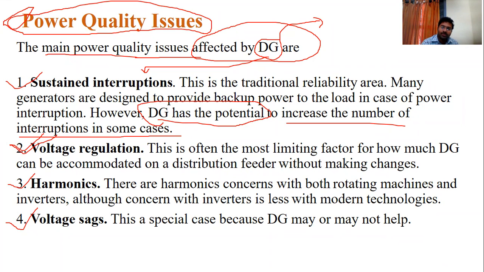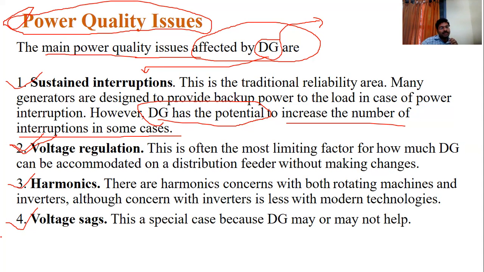Solar plants are DC, so we are converting DC to AC, and we require power electronic converters. These power electronic converters may lead to an increase in the harmonics in the system. But at the same time, these DGs are also useful to reduce the harmonics produced in the system.